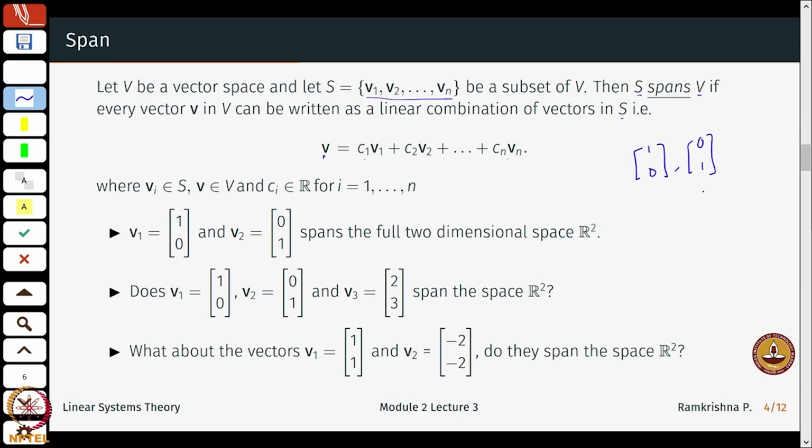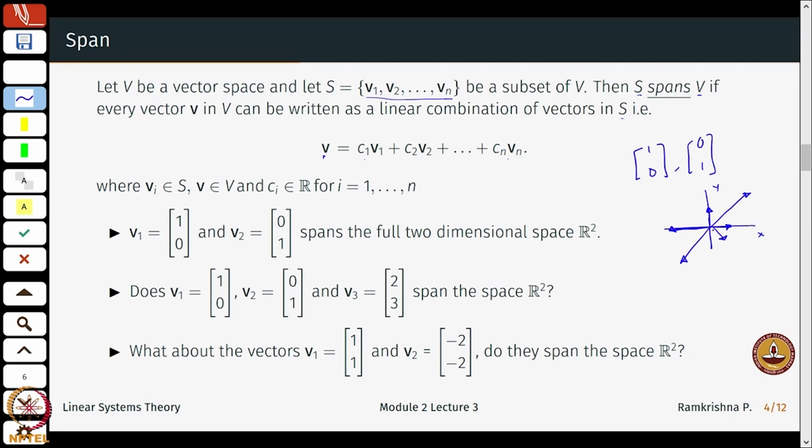If I draw them in coordinates we are familiar with, say the x and y axis, (1, 0) would be the unit vector in the x direction, and (0, 1) would be the unit vector in the y direction. Now, give me any vector, something like this or over here. Can I write any vector as a linear combination of these two vectors?